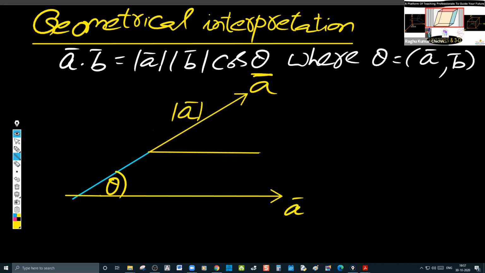I have to change the below one. By mistake, I have taken both as A bar. I'm taking it as B bar. The above one I have taken to be A bar, and this becomes B bar.